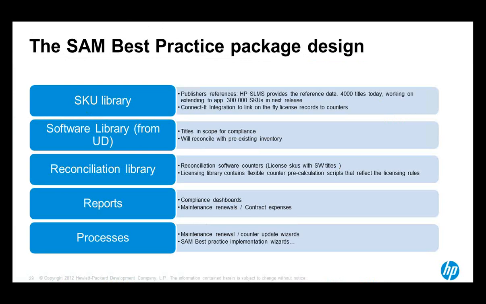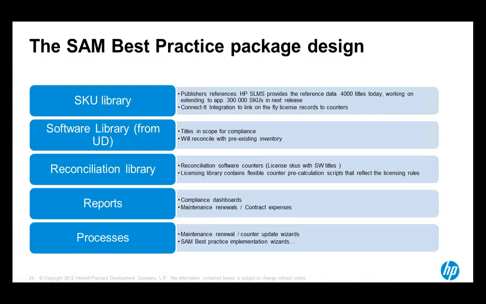We have a software library that comes from Universal Discovery that allows to map the software titles or the software signatures with a normalized title. And we have a reconciliation library in Asset Manager that will allow to reconcile the license titles with the software titles, and that has a licensing library, so we will reconcile that the right way. I mean, we will count the number of deployments if it's for Adobe.